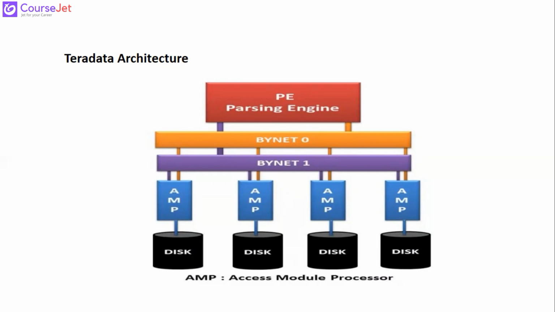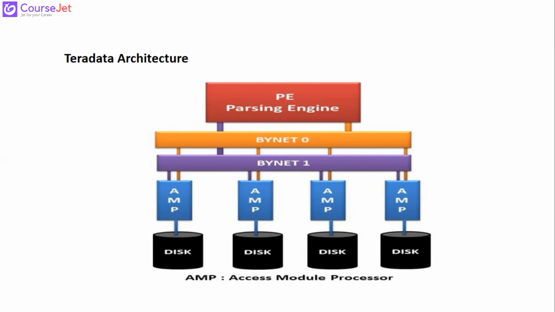The PE is like the brain of the system, which passes the commands to the AMPs to retrieve data, or to write the data into the disk through the Bynet. Bynet here is a communication channel through which PE and the AMPs communicate with each other.